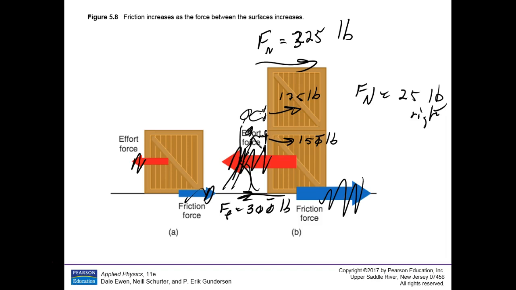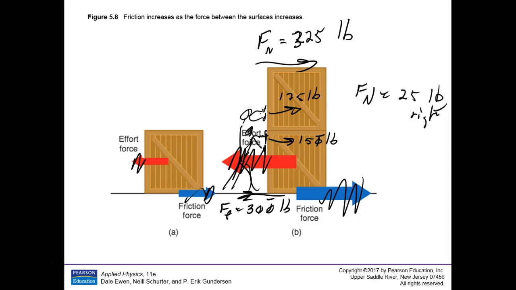No, you don't do that when you're adding and subtracting. Subtracting or adding, you keep the same unit that you had going in. So that's why it's just 25 pounds to the right. Okay? And frankly, that would be kinetic friction, kinetic, because the net force is to the right.